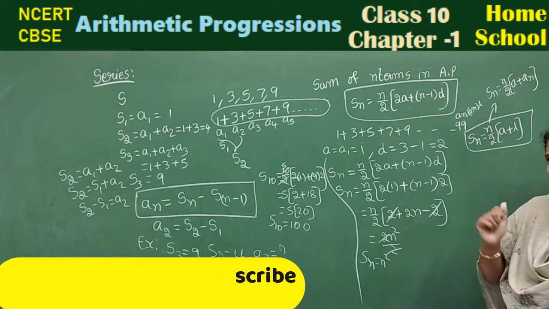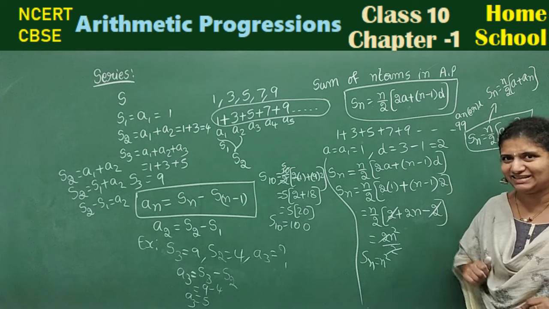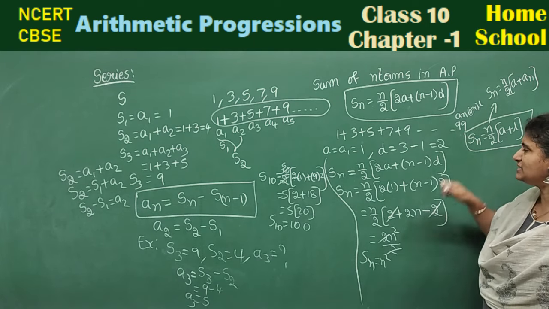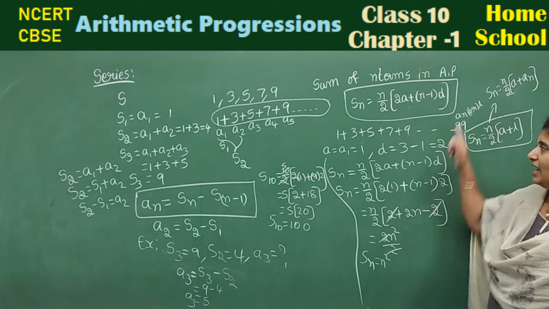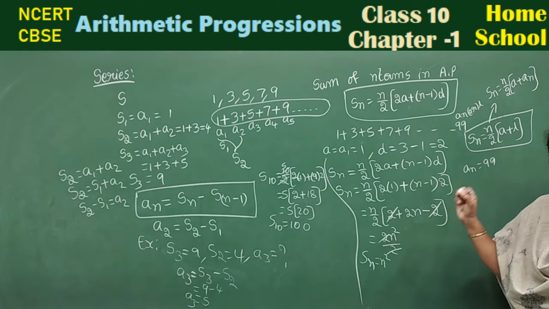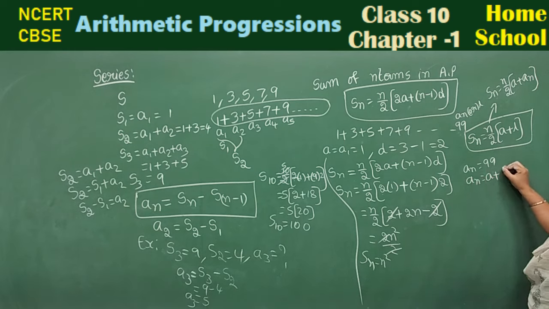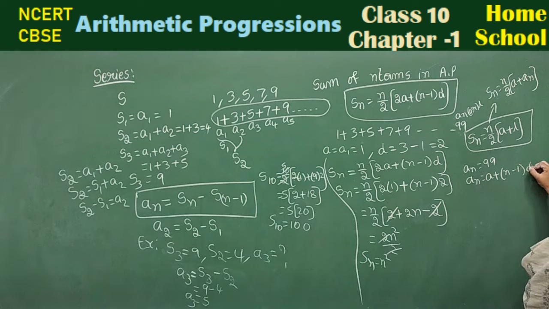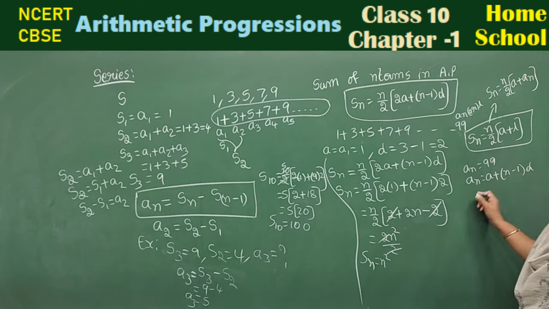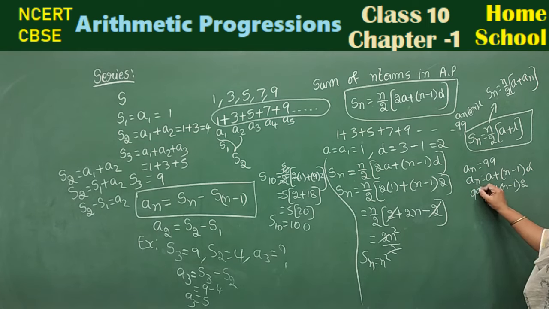And which term is this 99? First we should calculate which term this is. That means what is this one? an. an is equal to 99. Again we need to apply the an formula: an is equal to a plus (n minus 1) into d. Observe here, a value is 1, n value we don't know, d value is 2, an value is 99.